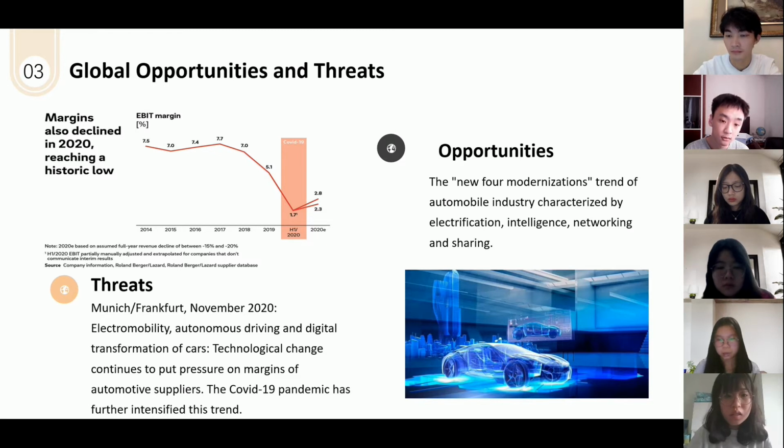The new characteristics of the automobile industry are electrification, intelligence, networking, and sharing.